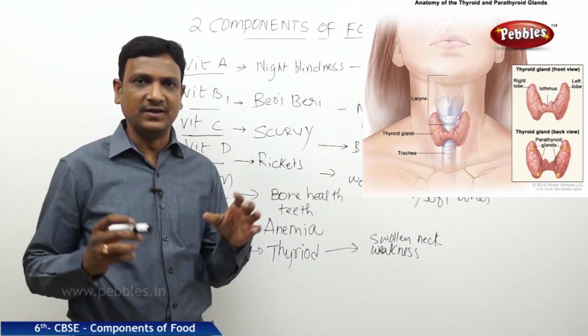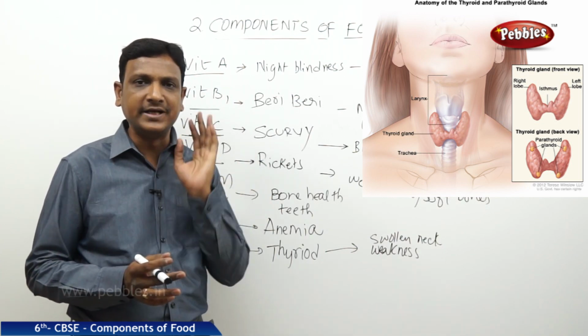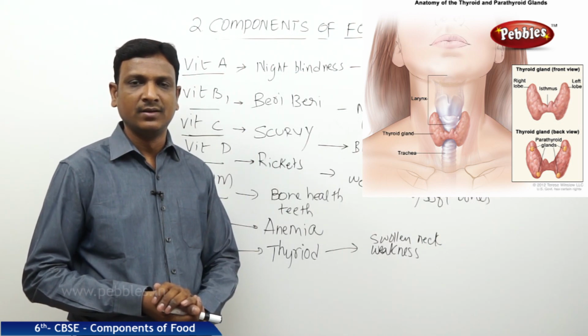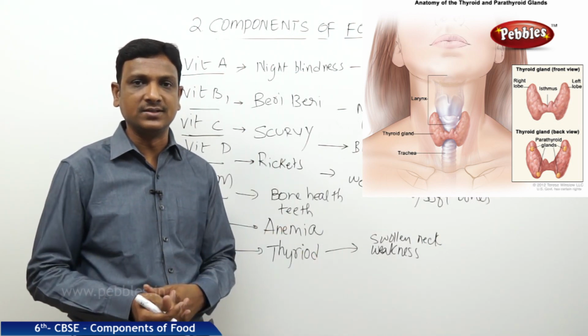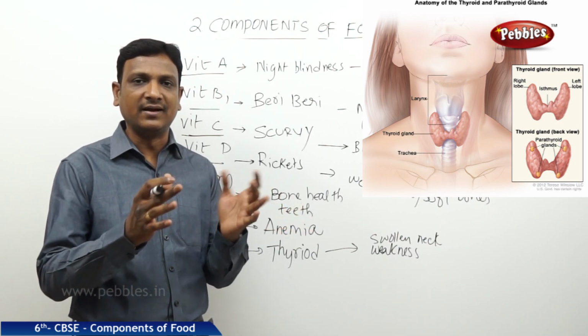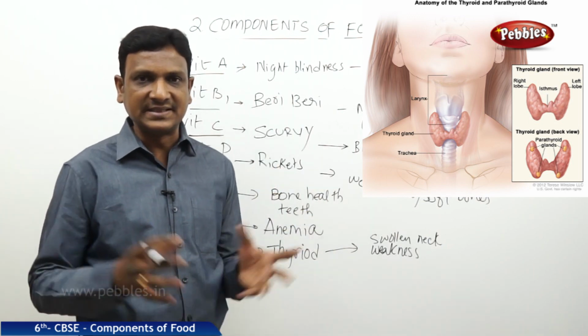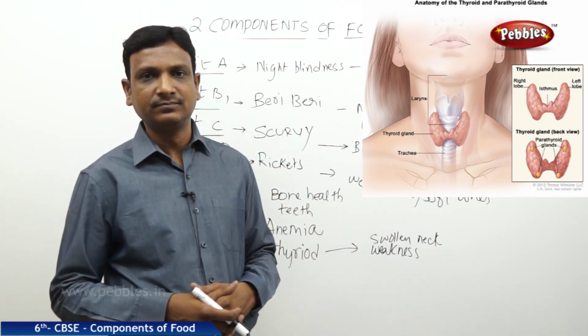So children, you have seen how many diseases are caused by not eating properly. Most of our health problems are caused because we are not doing the things that are to be done in that way. Everything has a procedure. Science has given us the way.